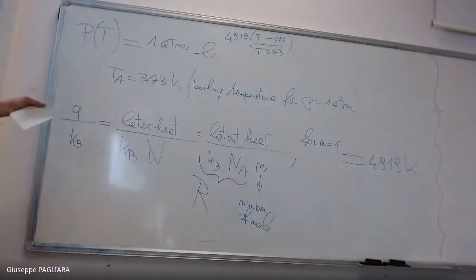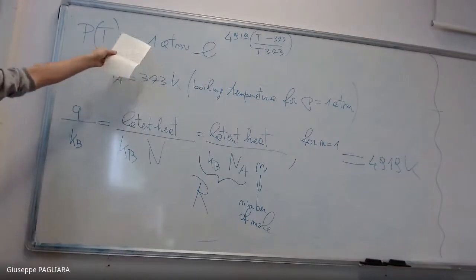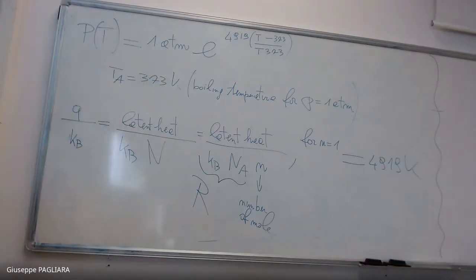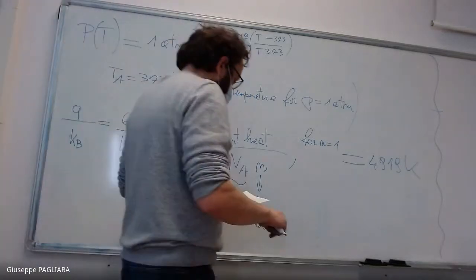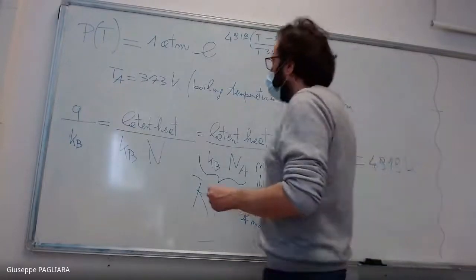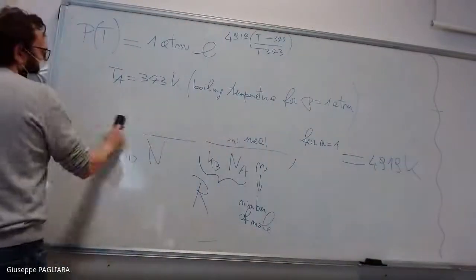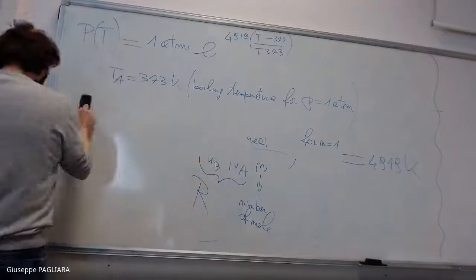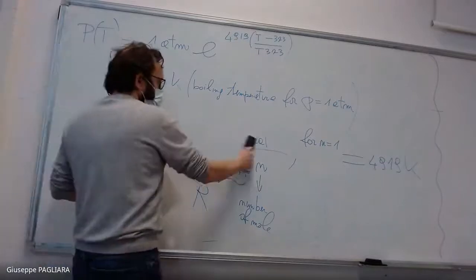Okay, so now this function here with those numbers describes the first order phase transition line for the water vapor phase transition. Now suppose that we want to do this little exercise.